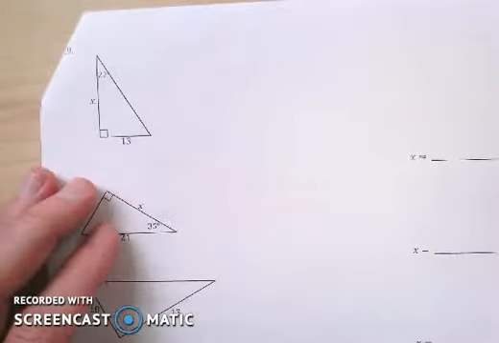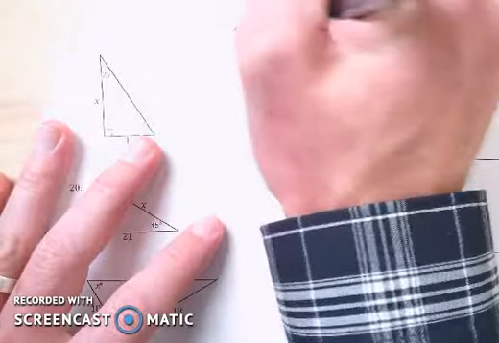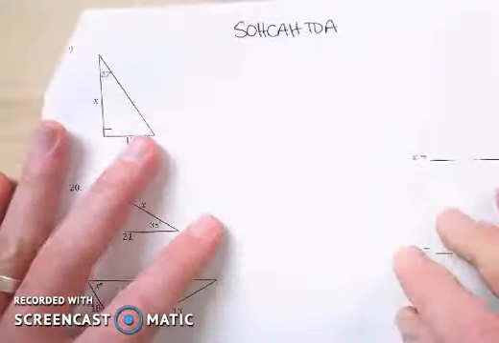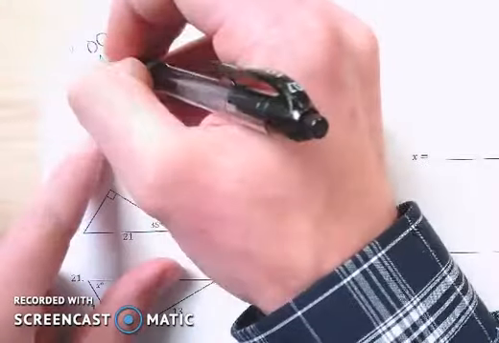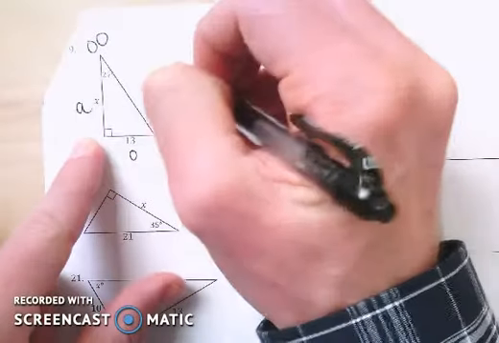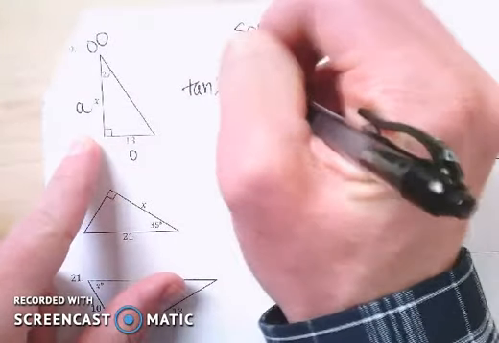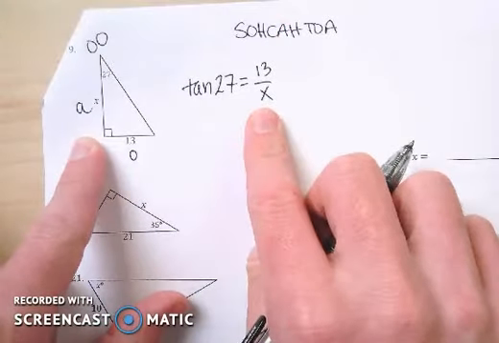Alright, next up, again, I'm going to write SOHCAHTOA at the top of my page so I can reference it. You might not see it the whole time, but it's up there for me. I have my eyes up here. From the 27, I have opposite, and I have adjacent. That's going to give me tan of 27 equals 13 over x. Again, x is in the bottom.